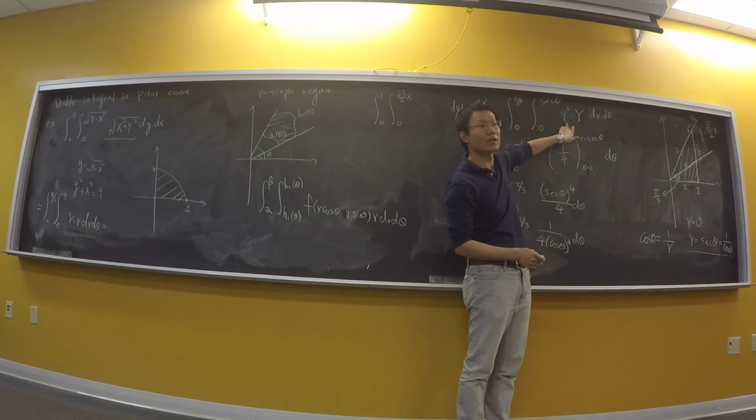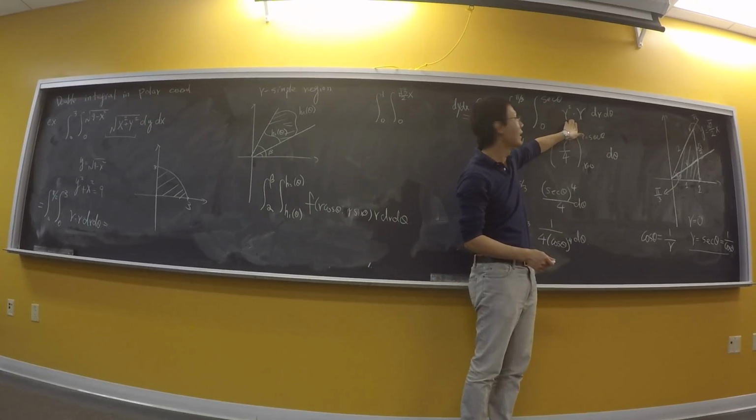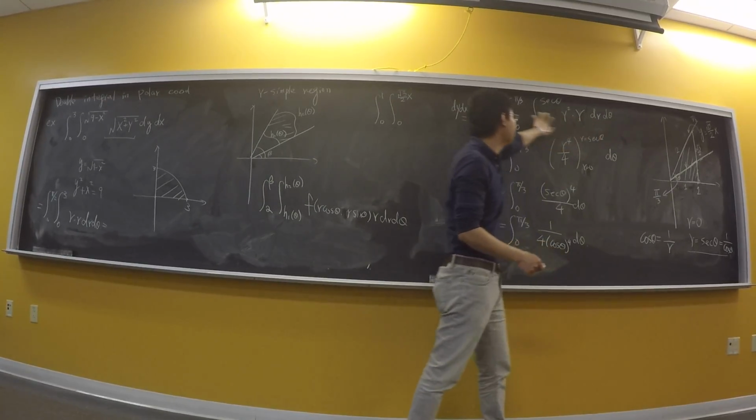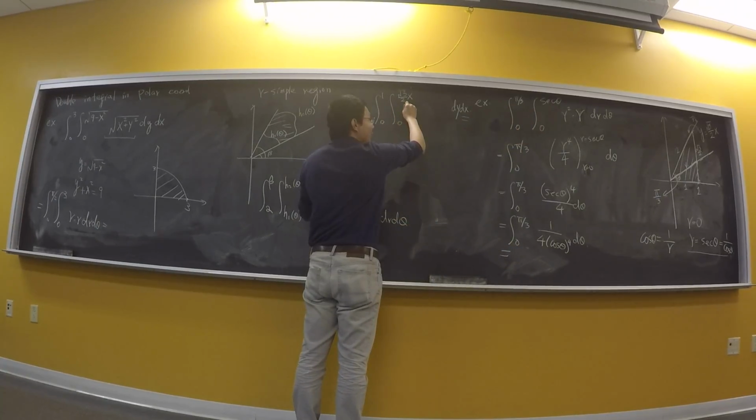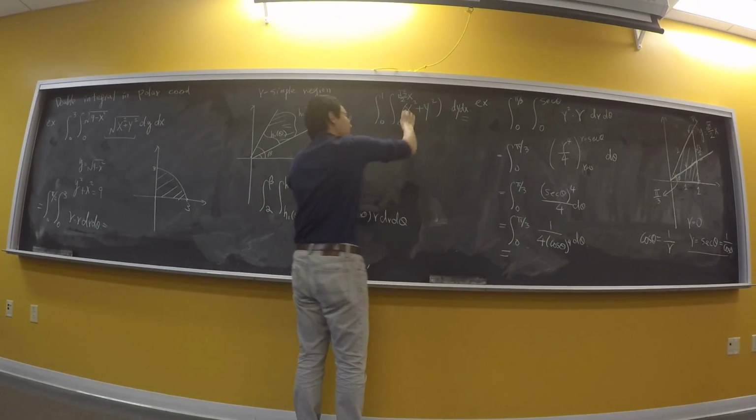We're actually integrating the function R squared. So when I'm transforming this from R simple to xy, I'm supposed to have R squared, which is x squared plus y squared dy dx.